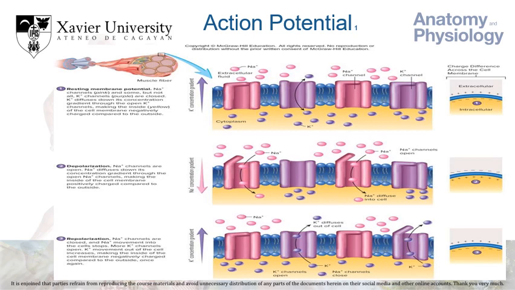Opening of the gated potassium channels starts the repolarization of the cell membrane. Repolarization is due to the exit of potassium from the cell, and outward diffusion of potassium returns the cell to its resting membrane potential condition. And the action potential ends. In a muscle fiber, an action potential results in a muscle contraction.